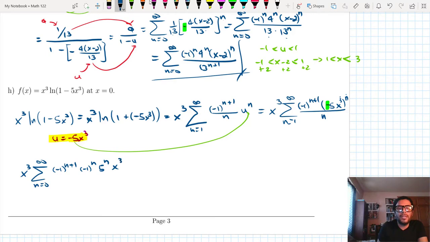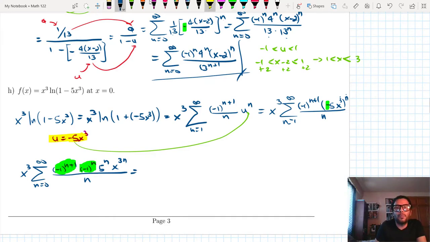This will give us 3n. Divide that by n. I'm going to combine these two: negative 1 to the n plus 1 times negative 1 to the n will add up to negative 1 to the 2n plus 1.